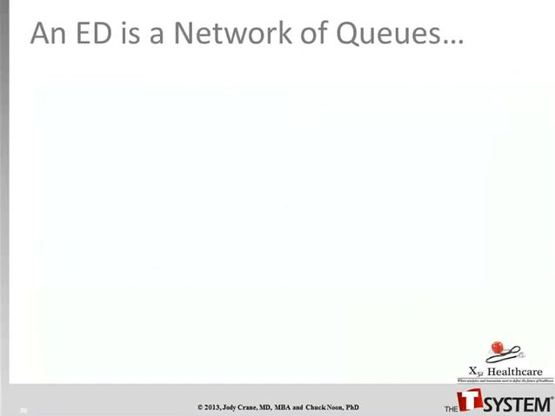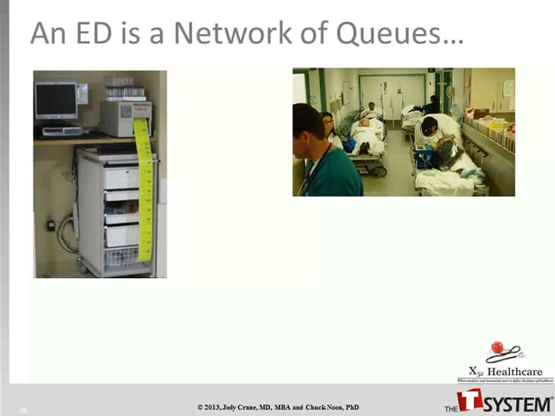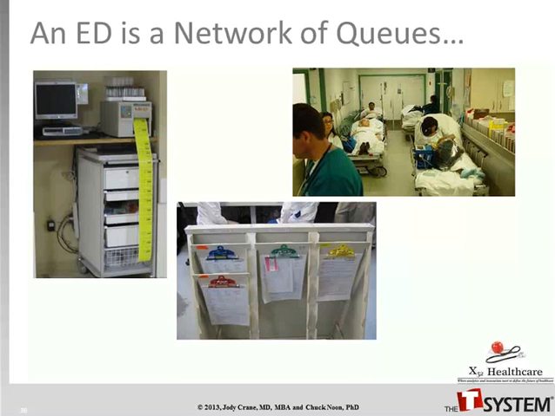As it turns out, the patient experience is simply a network of all of these queues. So there's a queue for triage. There's a queue to see the provider. There's a queue to see the nurse. There's a queue to get into a room. There's a queue for lab, like we're seeing in the first picture here. That chart rack would be a great example of a queue to see the provider.